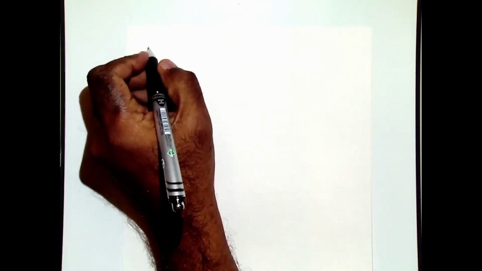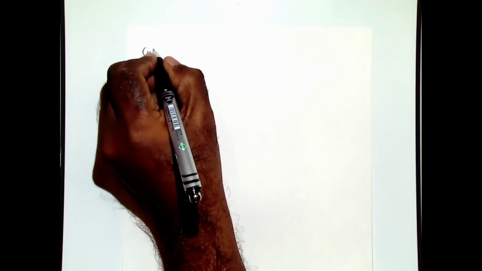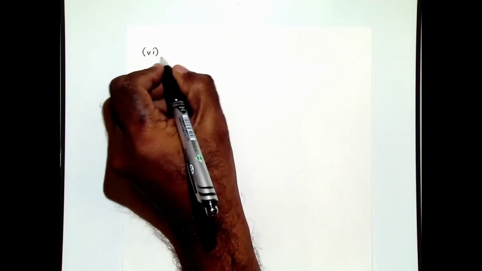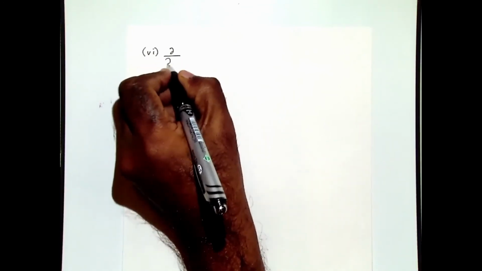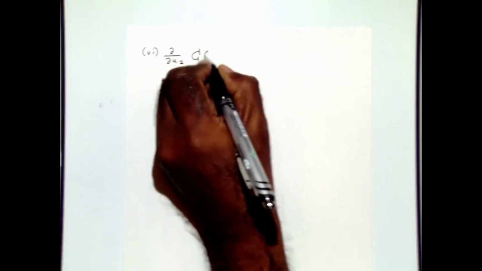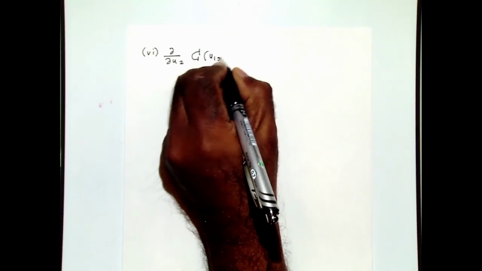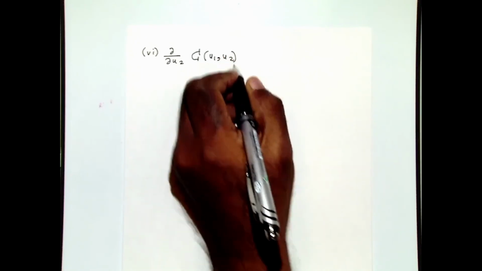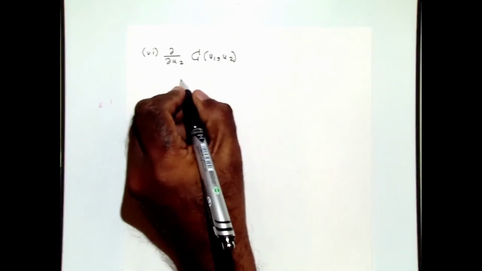Right, so this is the final condition, condition number 6. Here you're taking the partial derivative with respect to u2. And if you do that, this is what you will get.